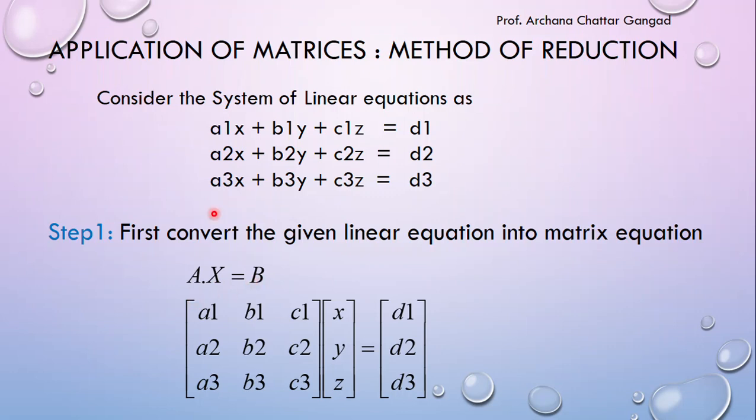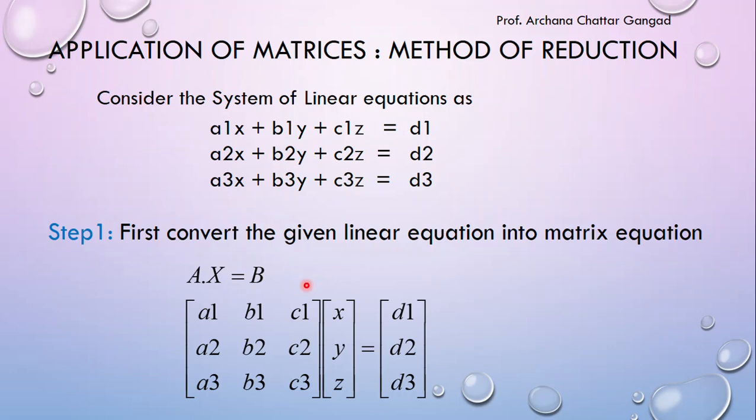So how to convert the system into the coefficient matrix? The coefficients of the x variable, that is a1, a2 and a3, should be in the first column. In the second column, the coefficients of the y variable, b1, b2, b3.